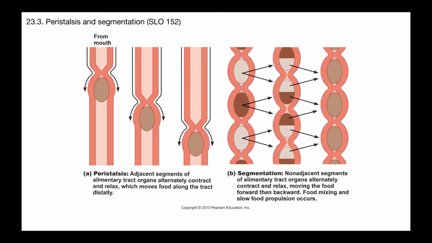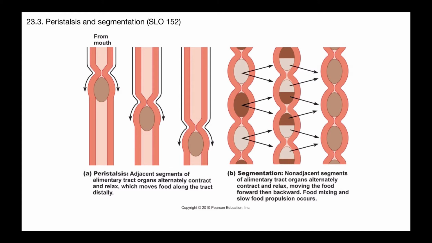Segmentation, on the other hand, is a little bit different. I sort of like this figure because it's almost like mashing up the food by alternately squeezing segments of the pipe so that you end up mixing together adjacent packages of food. Here's another word you can have. The term bolus refers to a swallow of food or an individual packet of food.